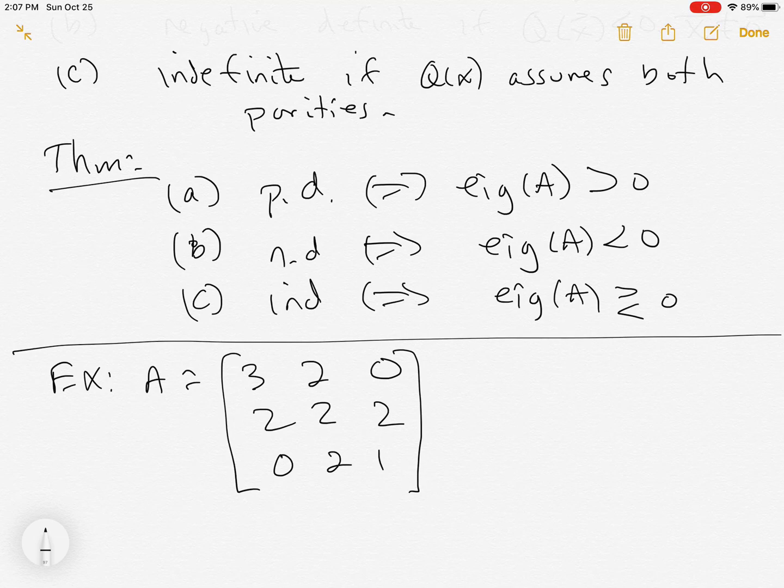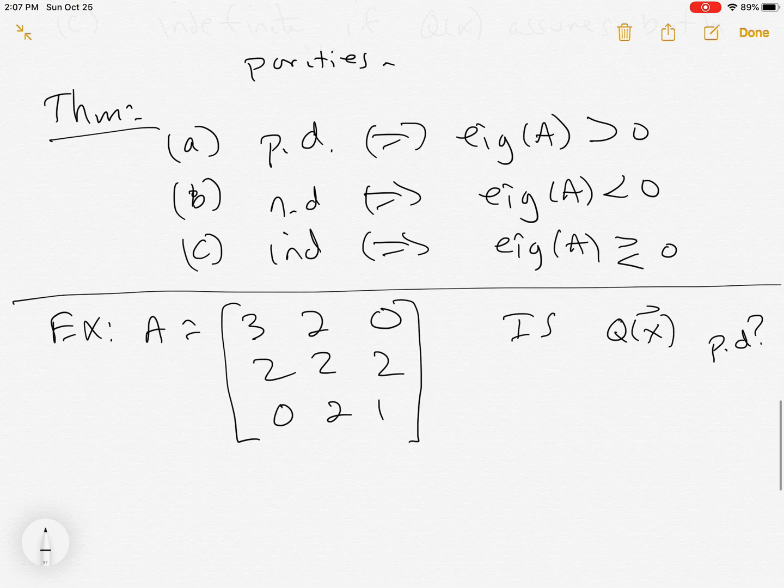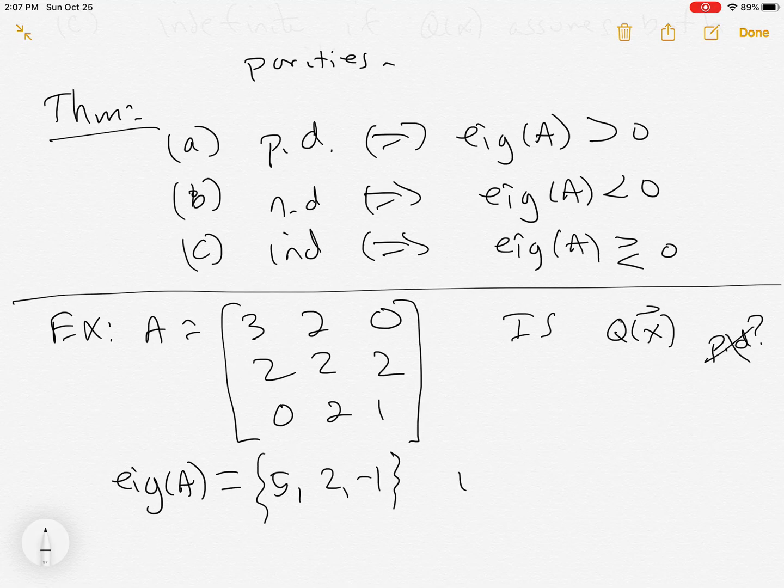The question is, given with respect to this A, is Q positive definite? Right? Well, if the eigenvalues of A are all positive, then yes. But through a little bit of work, you get that they are 5, 2, and minus 1. So it's not positive definite, it's indefinite.